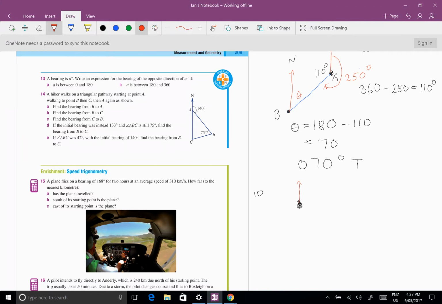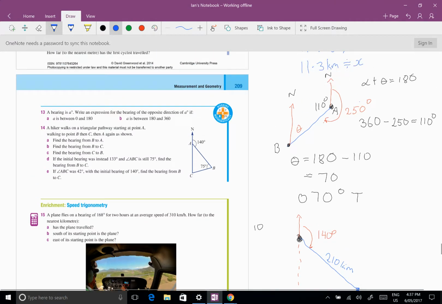And it says the helicopter flies on a bearing of 140 degrees. Well, I go to there. Remember, if I went all the way, that'd be 180. So I'll stop about there. And here goes this helicopter flying at 140 degrees for 210 kilometres. Good, so I've got the helicopter to there.